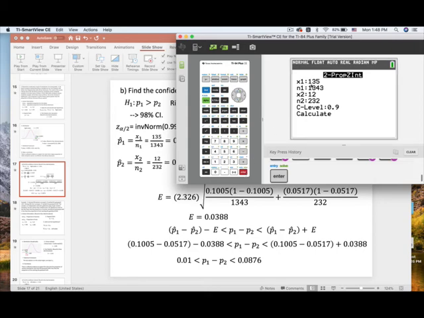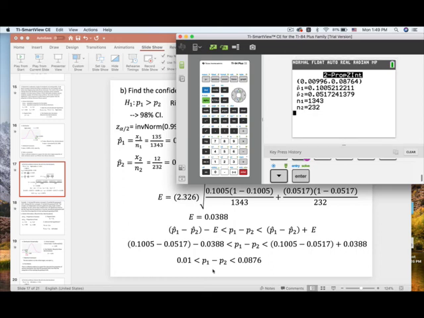So we have x1, 135, n1, x2, n2. Confidence level, we have 98%, so 0.98. Go to calculate, enter. So we're going to get 0.009, which is going to be 0.01 here if we want it up here. And here that'll be 0.0876. It should match our calculations here. They also give your p hat 1 and p hat 2, so you could double check your work.